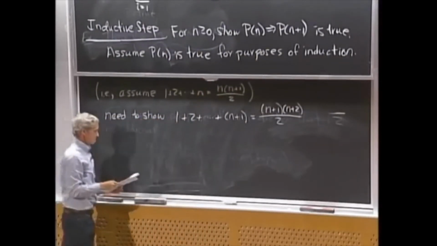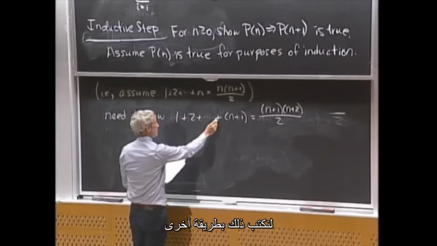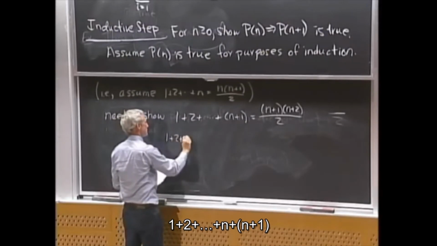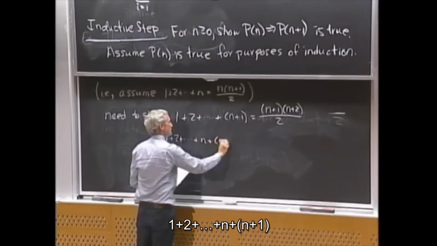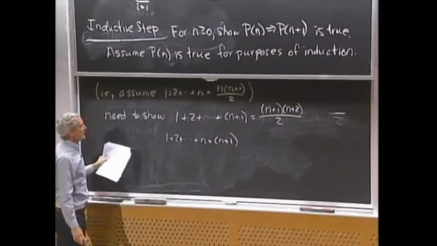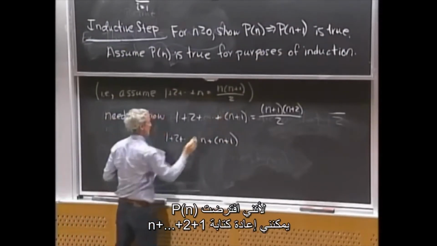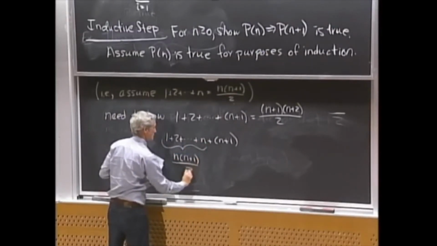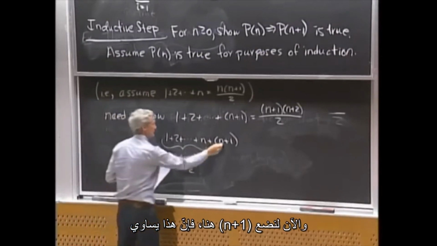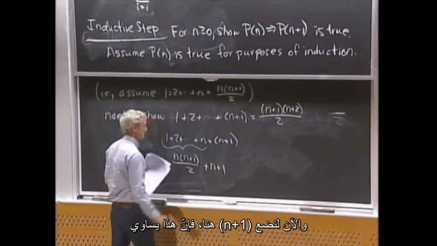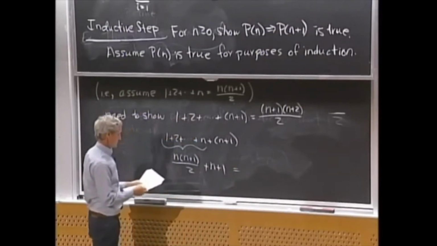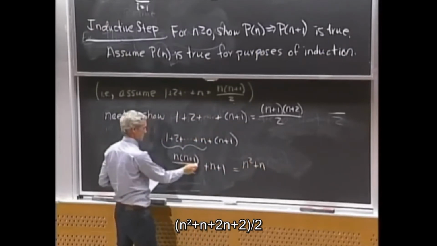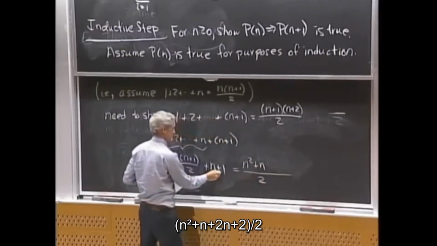All right. Well, let's rewrite this as 1 plus 2 plus up to n, plus n plus 1. Because I've assumed Pn, I can rewrite this as n times (n plus 1) over 2, and now plus n plus 1 out here. That equals, well, I got n squared plus n here over 2, plus 2n plus 2 over 2.